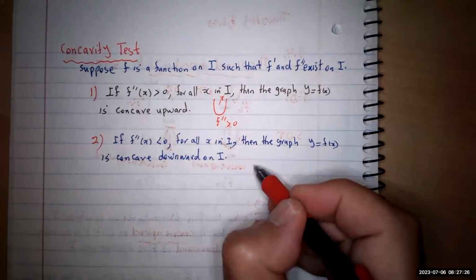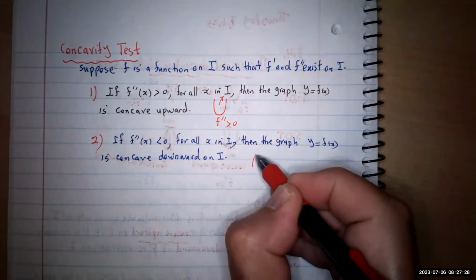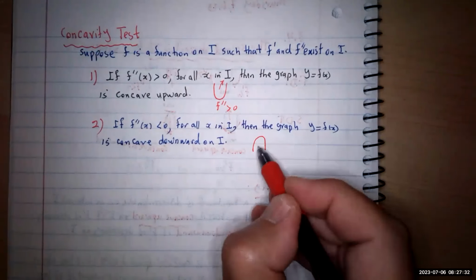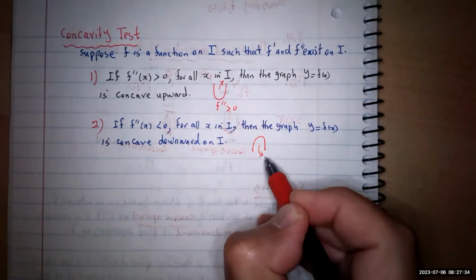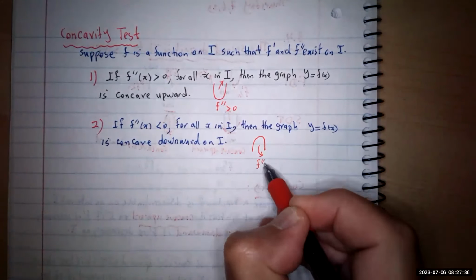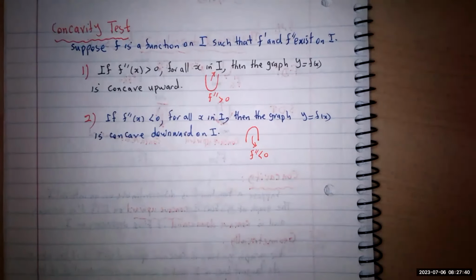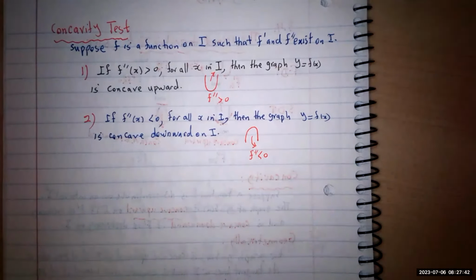Again, this is what you imagine and think about. Concave downward means f double prime is negative. So negative down, positive up. That's it. That is the concavity test.